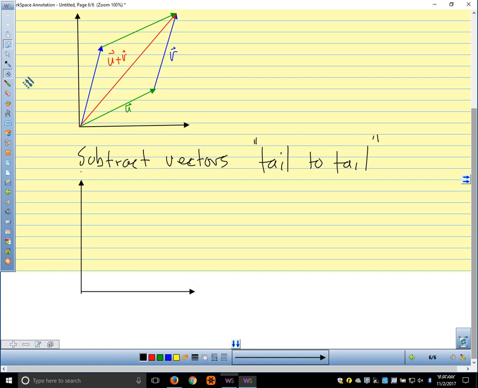And if we want to subtract u and v, so there's u, and I'm going to put these two tail to tail this time, like so. And this is vector u, the green one, and vector v is the blue one.